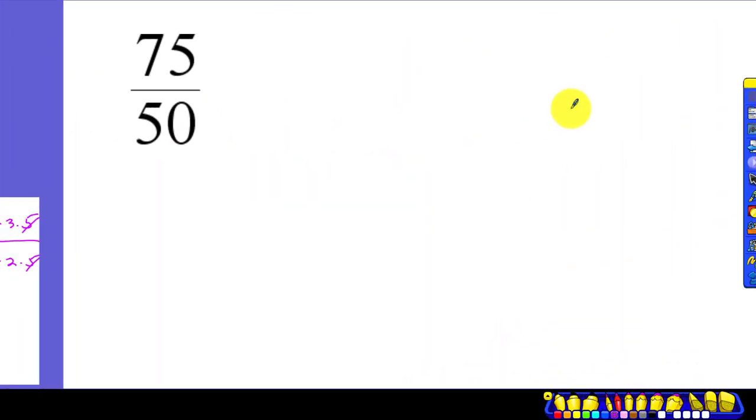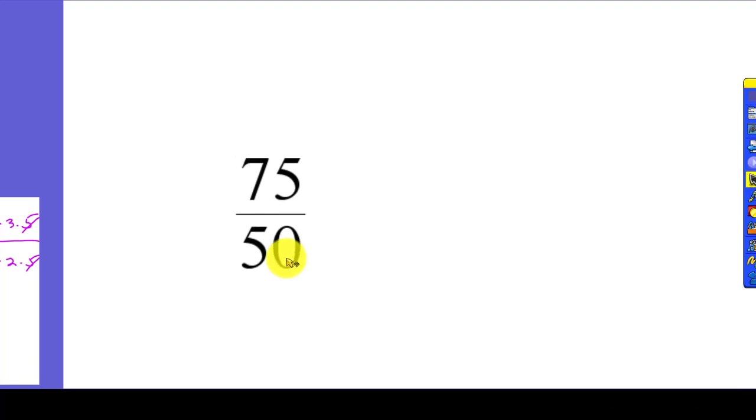So for our next example, I would like to show you an example in terms of numbers so that you know how to simplify or divide a polynomial, and then your divisor should also be simplified. Okay, so here 75 over 50. How do you get your answer 3 over 2?